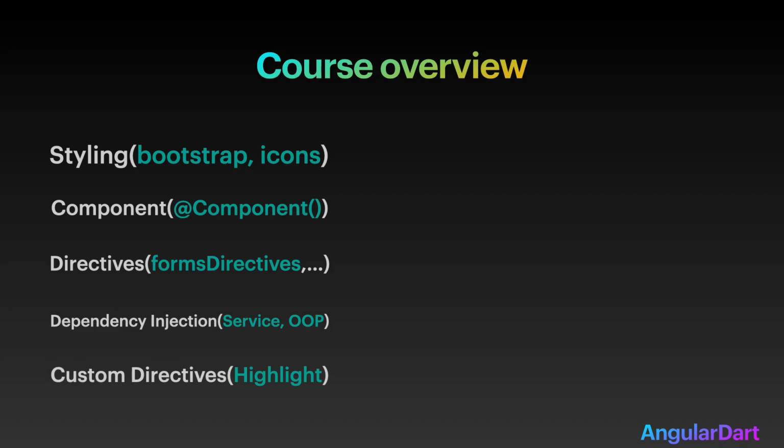And we saw also the custom directives for highlighting the color, how to create your own directives, and we saw also the routing. So how to create the routes, also inject the routes inside our app, and how to use dynamic routing.